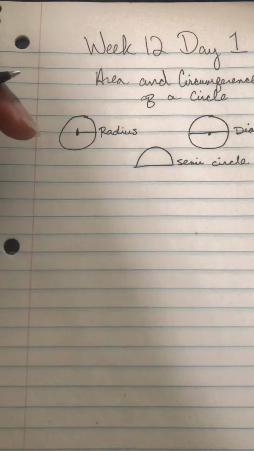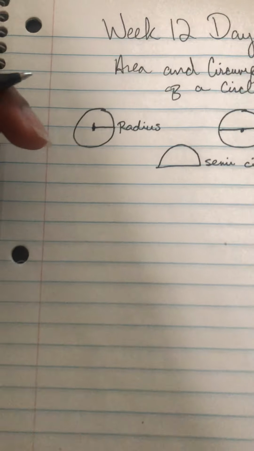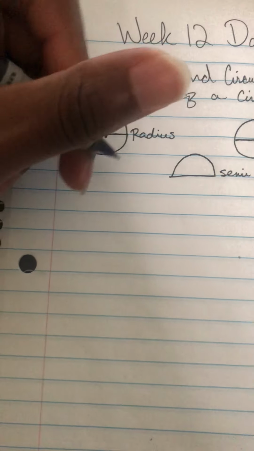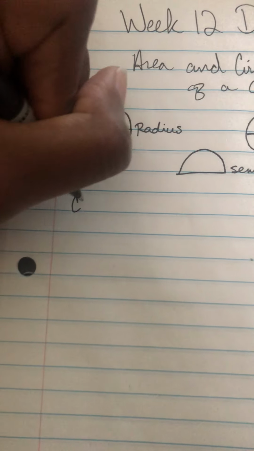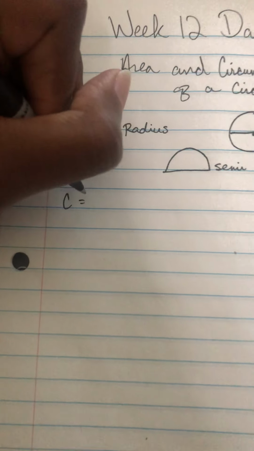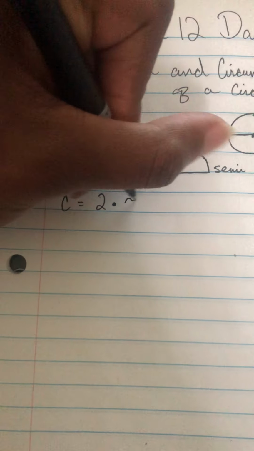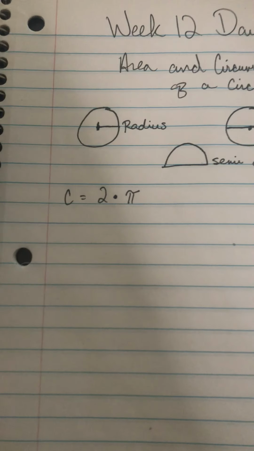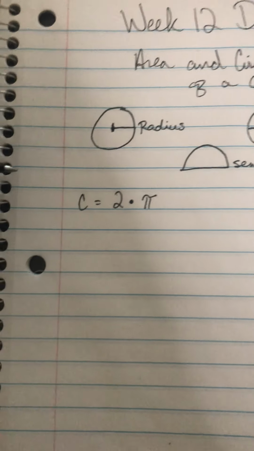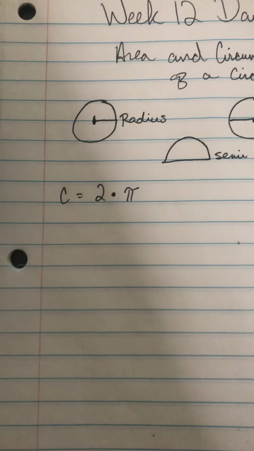All right, since the first question is asking about the circumference, let's go ahead and write the circumference formula down. So we'll see C typically equals, C for circumference, 2 times pi, and pi is a really big number, but it usually is just 3.14.